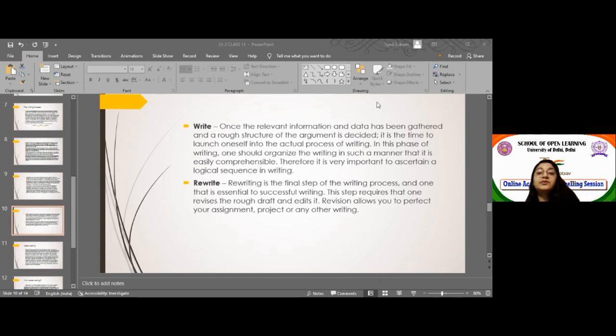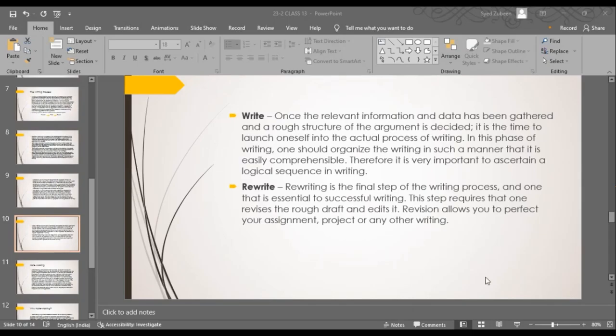Once the relevant information and data has been gathered and a rough structure of the argument is decided, it is the time to launch oneself into the actual process of writing. In this phase of writing, one should organize the writing in such a manner that it is easily comprehensible. Therefore, it is very important to ascertain a logical sequence in writing.